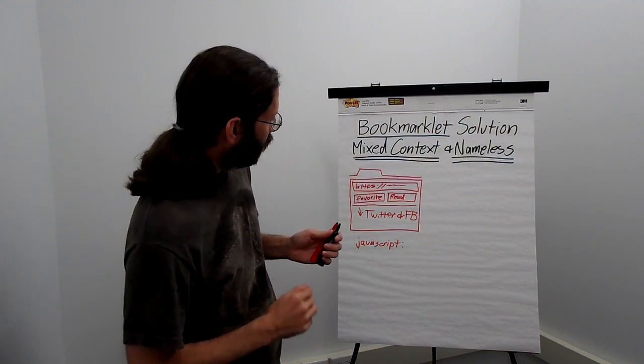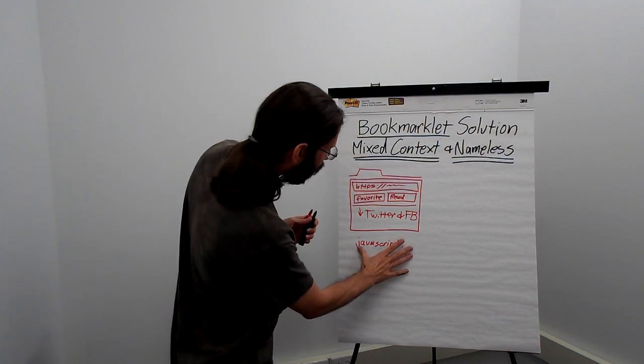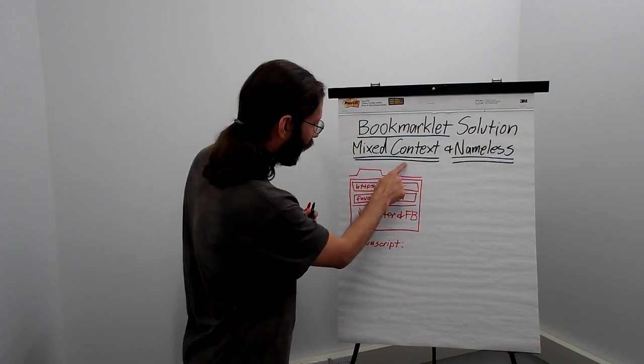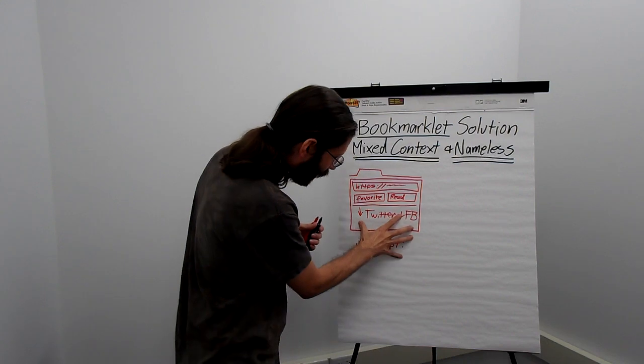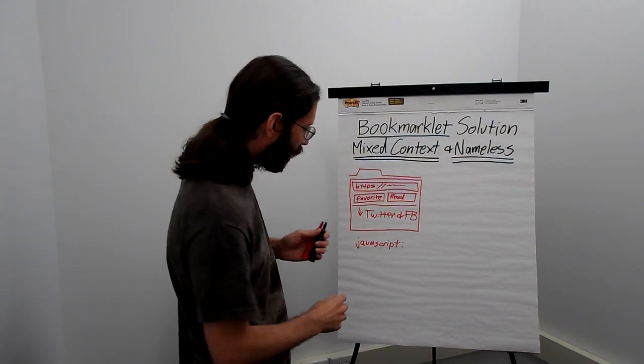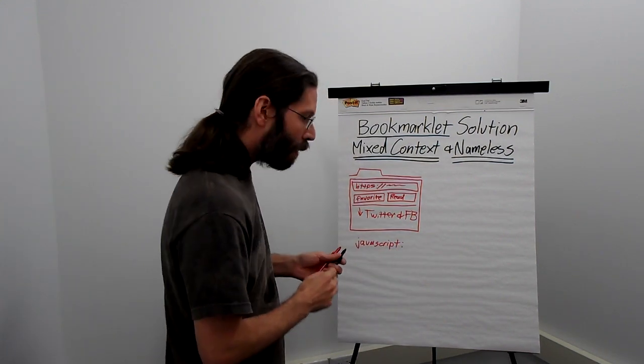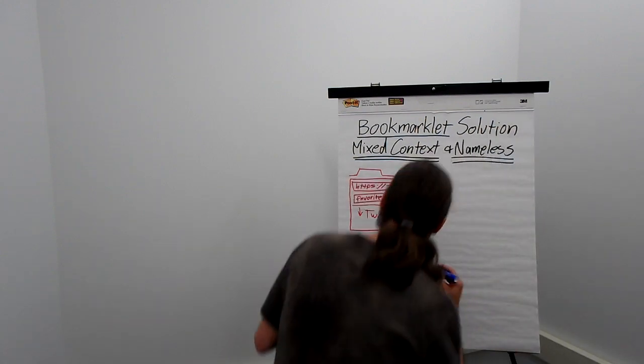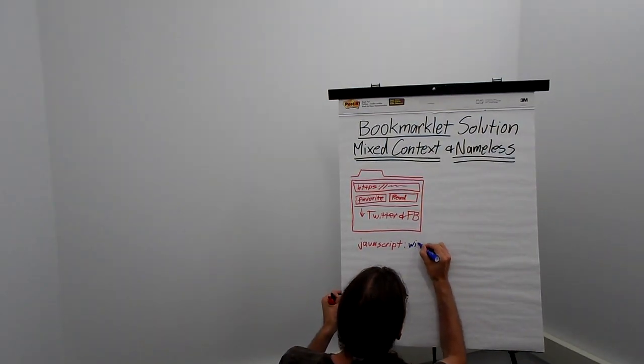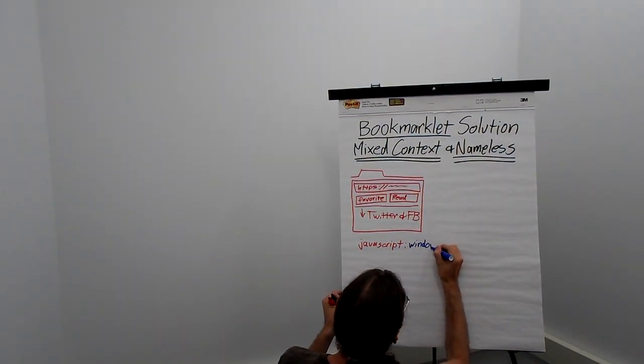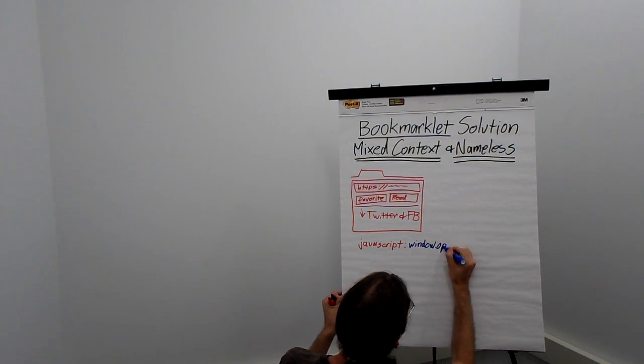So my solution is, instead of trying to communicate to a back-end server in the context of the displaying page, what's really going to happen here is a window.open call.